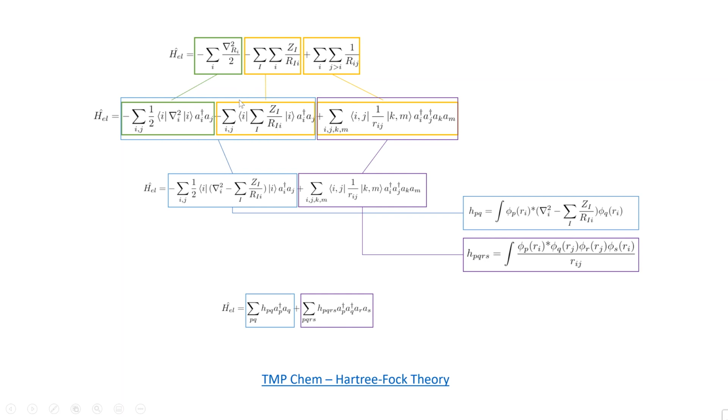A key thing to note here, because the notation is really confusing, it took me a long time: each thing that was only a small i here, now we're looping through i and j, and that's to support the creation and annihilation operators, to move the electrons around and see the different possible configurations.